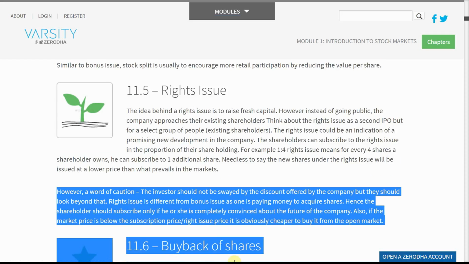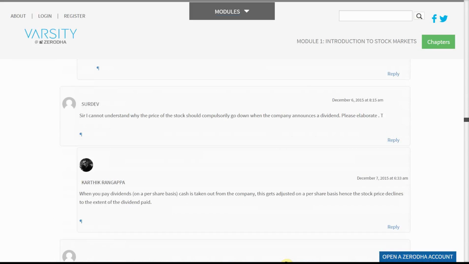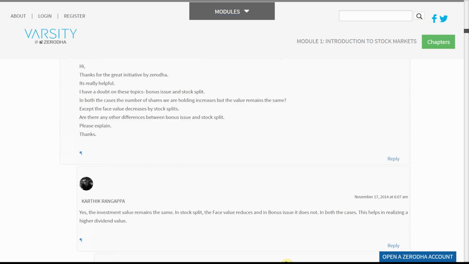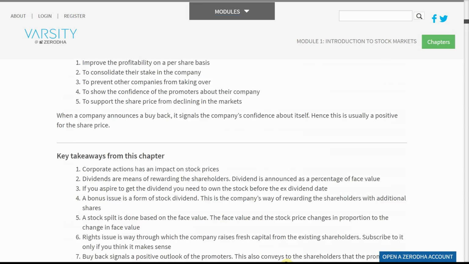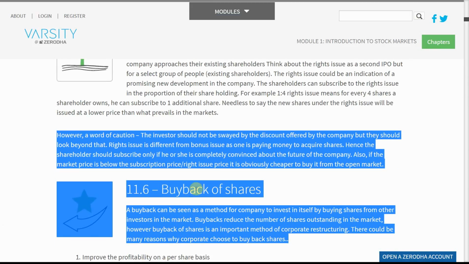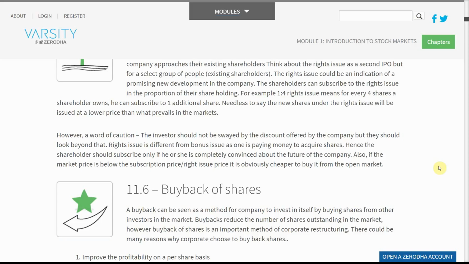Needless to say, the new shares under the rights issue will be issued at a lower price than what prevails in the markets. However, a word of caution: the investor should not be swayed by the discount offered by the company, but they should look beyond that. Rights issue is different from bonus issue, as one is paying money to acquire shares.